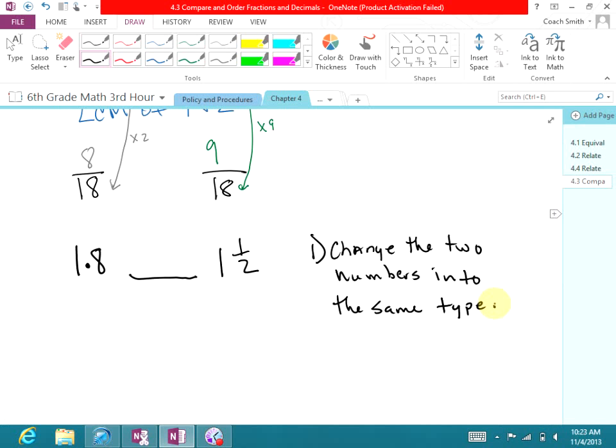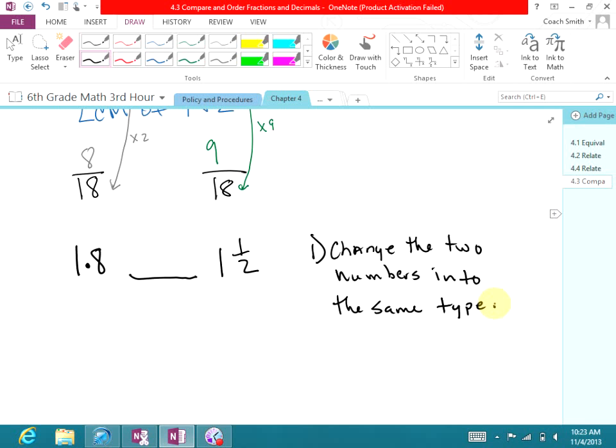In other words, either they both turn to decimals or they both turn to fractions. Okay? Now, if you know your numbers, then it's easier to change this to a decimal. If you know numbers. If you don't know numbers, then you may not see what 1.5 is.